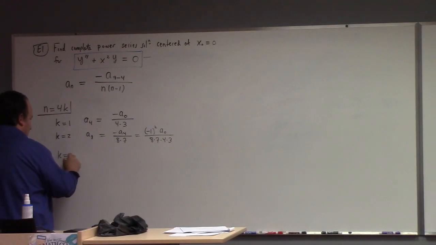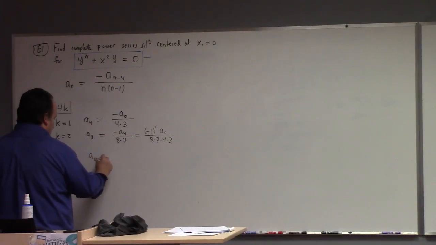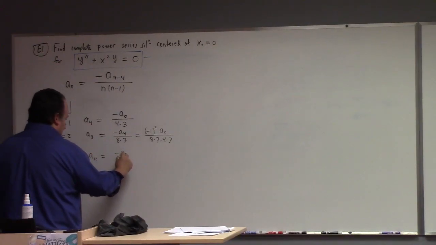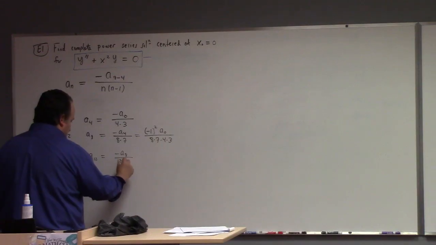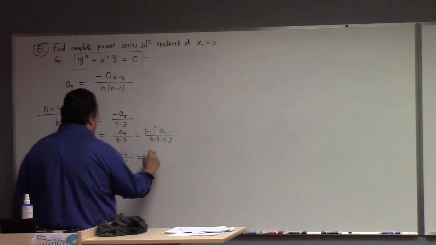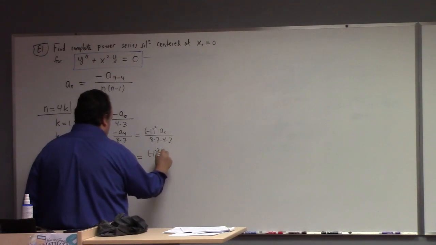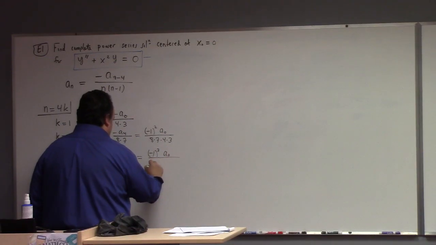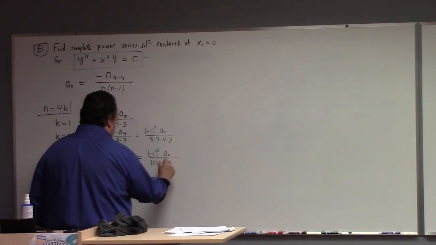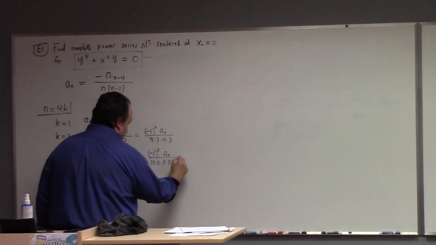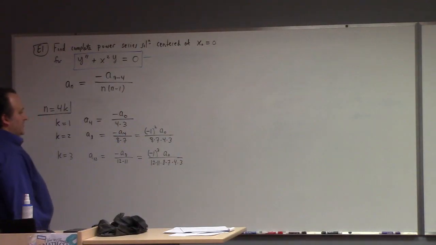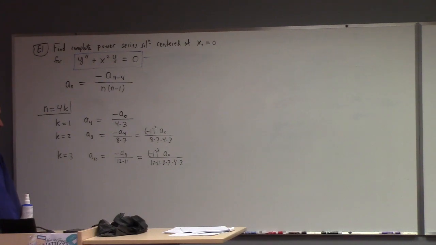Then k equals 3 is a sub 12, which by the way is minus a sub 8 divided by 12 times 11, which is equal to minus 1 cubed a sub 0 divided by 12 times 11 times 8 times 7 times 4 times 3. Minus 1 to the n times a sub naught over n factorial.